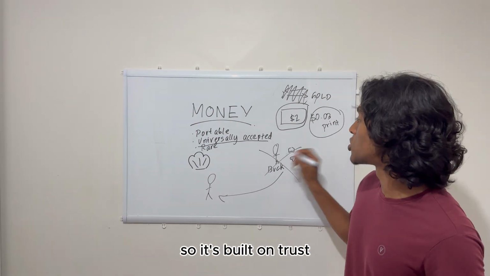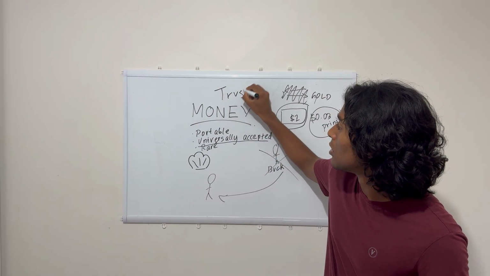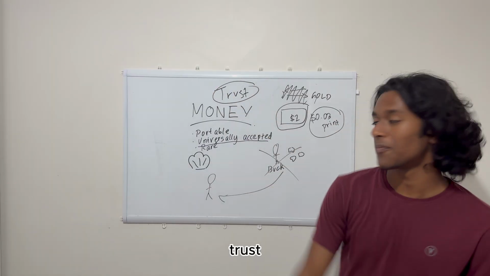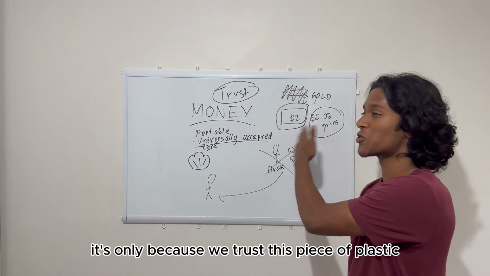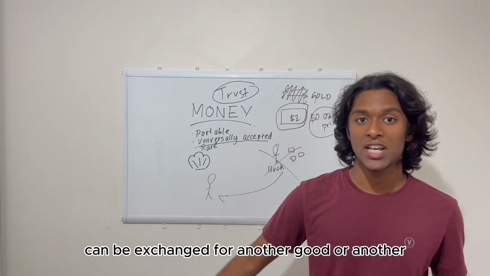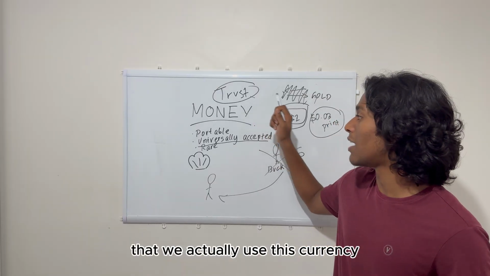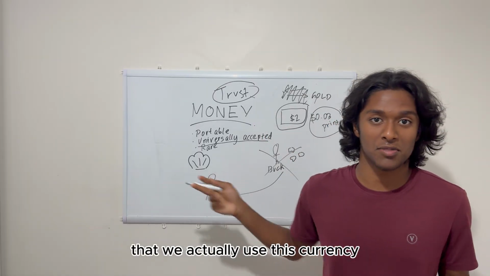So this whole money thing is built on trust. It's only because we trust that this $1 bill can be exchanged for another good or service worth $1 that we actually use this currency.